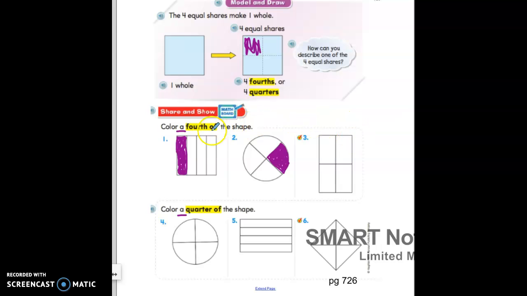Number 3, they're asking for a fourth of this rectangle. Go ahead and color in a fourth of the rectangle on your own.